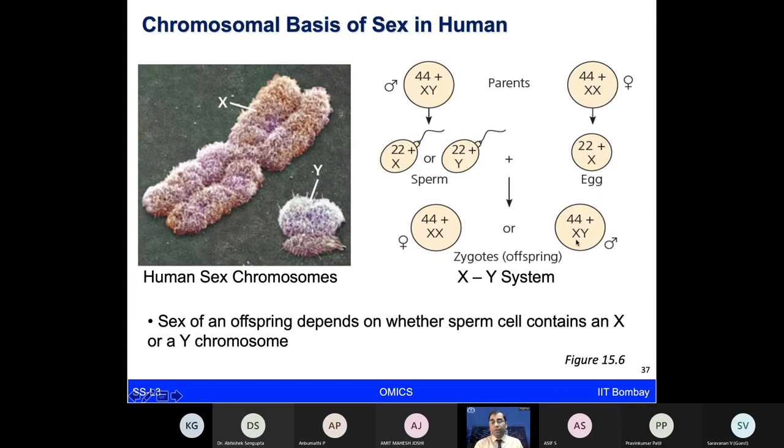The male will be XY, the female is XX. So whether a boy or a girl is born depends on the sperm and its fusion with the egg, and that determines the fate in the next generation. So the sex of an offspring depends on whether the sperm cell contains the X chromosome or the Y chromosome, and the traits located on the X chromosome are going to pass, and the traits located on the Y chromosome are going to pass.